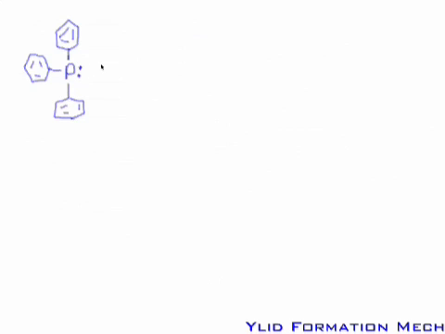In order to show a full SN2, I'm going to use a chiral alkyl halide: an H here, CH3 here, CH2CH3, and Cl.